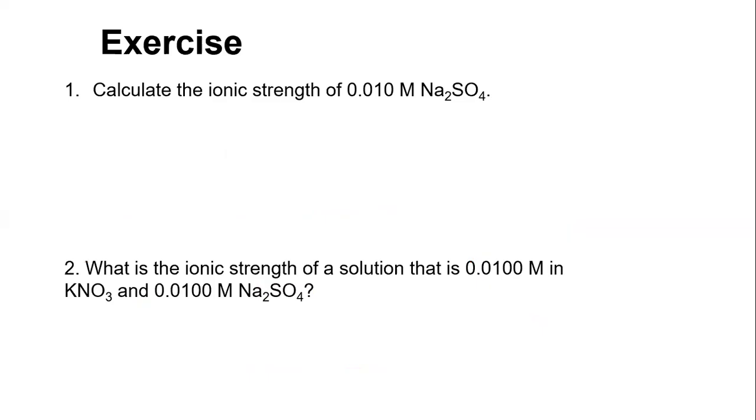Let's find the ionic strength. The first question says, calculate the ionic strength of 0.01 molar sodium sulfate. Let's do that. The first thing is that you write the equation for sodium sulfate dissociating. Yes, complete dissociation, but don't be confused. Sodium sulfate completely dissociates to give 2 moles of sodium ions plus sulfate ions.